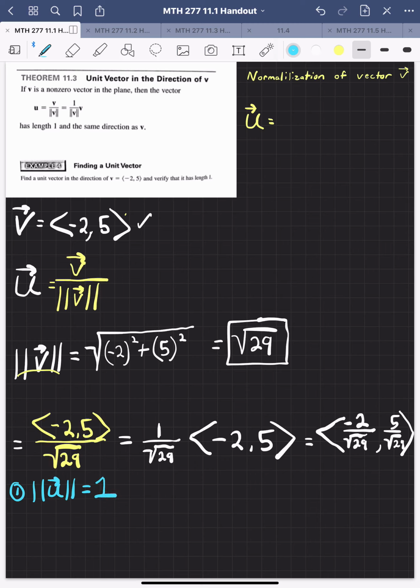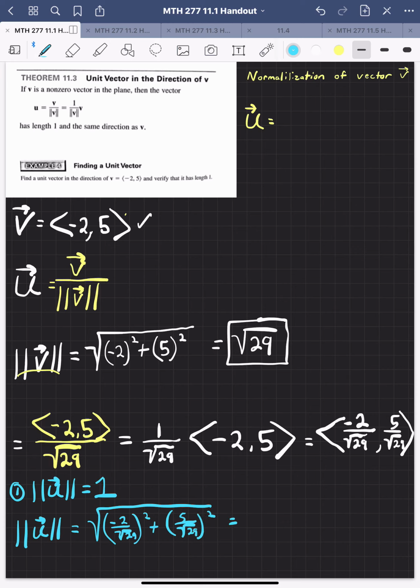Well, it's simple enough. If you want to know the magnitude of a vector, you just use your definition here. So the magnitude of u is going to be the square root of each component: negative 2 over the square root of 29 squared plus 5 over the square root of 29 squared.